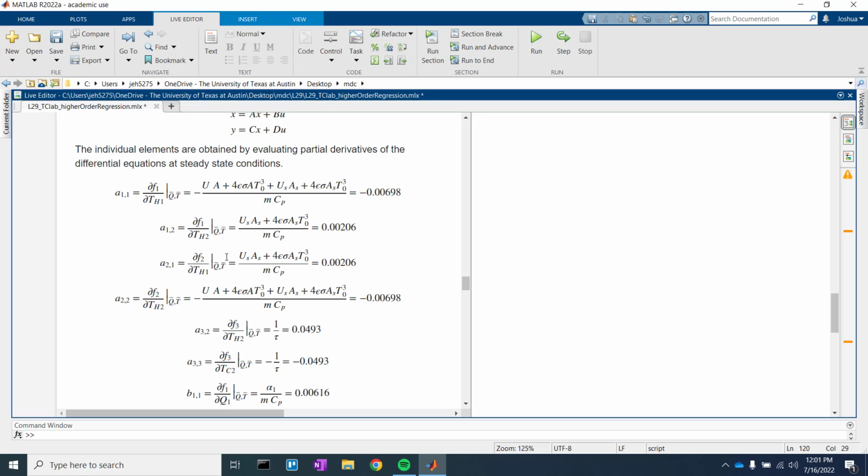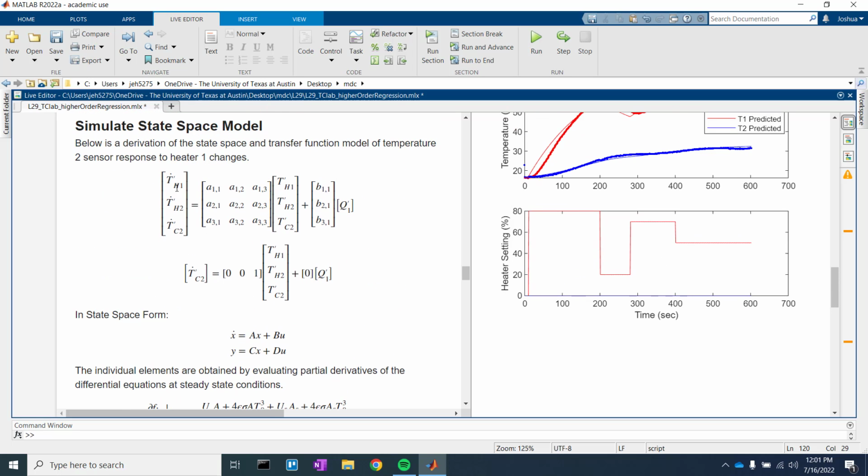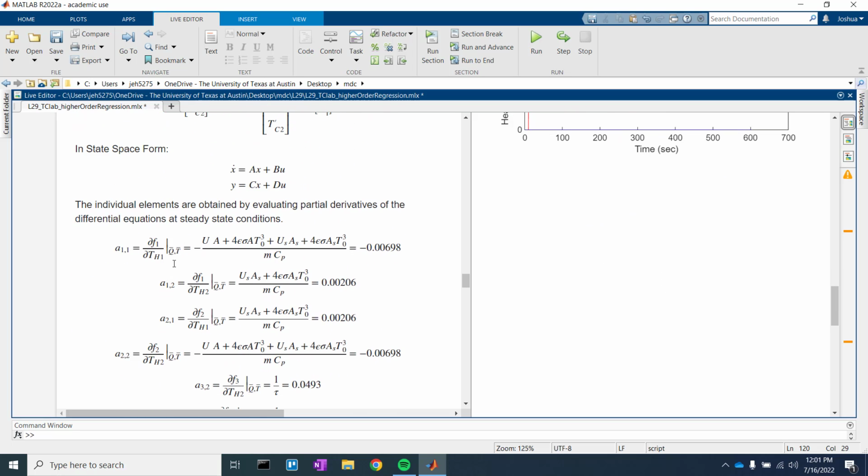We have these different equations that are differential equations at a certain heat and at a certain temperature. For example, the change in F1, the change within our heater 1 derivative with respect to Q and T, is going to be this relation right here.